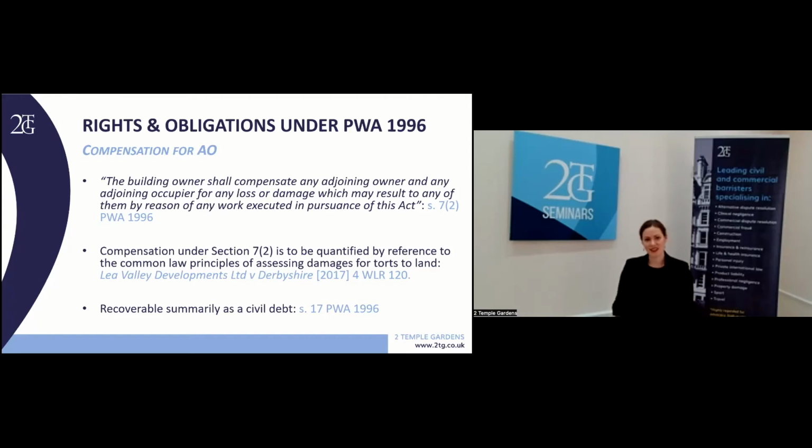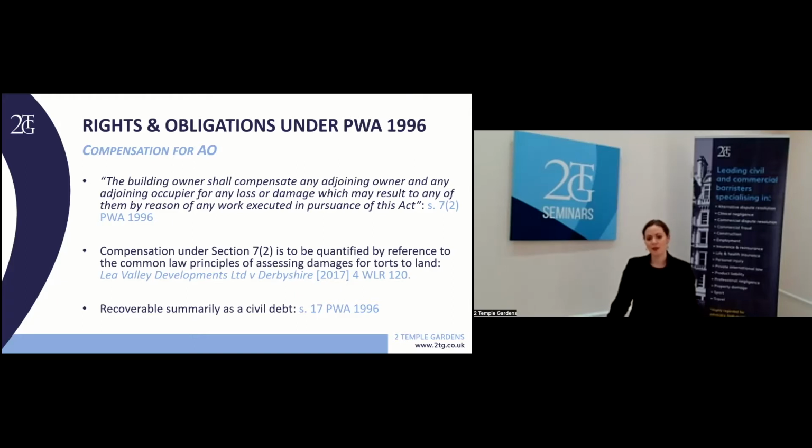So the Party Walls Act is quite a powerful tool once you've brought yourself within its scope. But on the other side of the scales is the adjoining owner's right to compensation. Now, there are provisions relating to compensation and the making good of damage in each of the sections that enables the different types of work the Act covers, so section 1, section 2, and section 6. But in addition, there is a freestanding provision in section 7.2, and that's what generally comes to the fore.